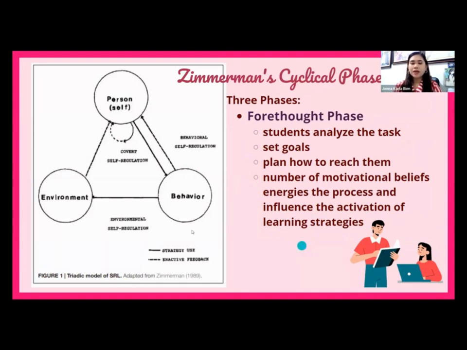You tend to think which strategies would be best as you go along in achieving the goals that you have set. And later on, as we discuss the different processes in self-regulated learning, we will be taking a look at the steps or the individual things that are included with it.